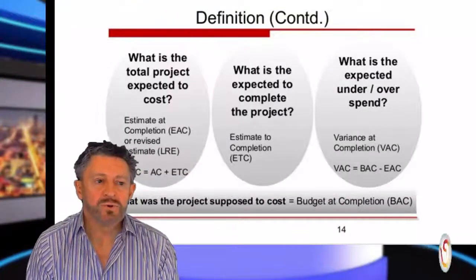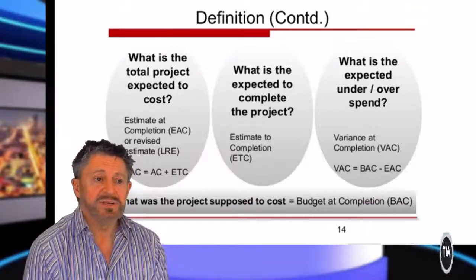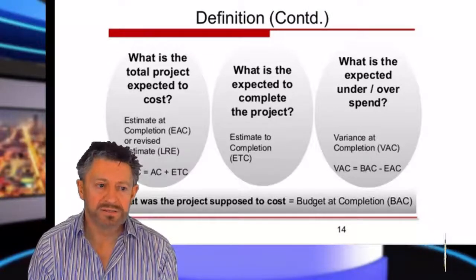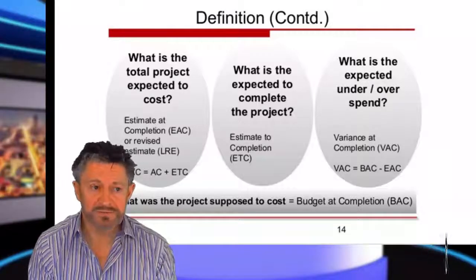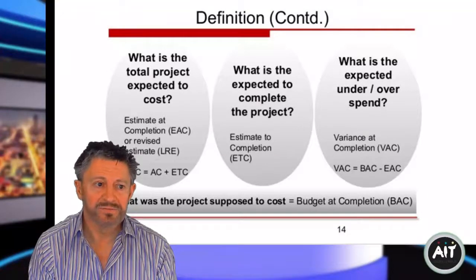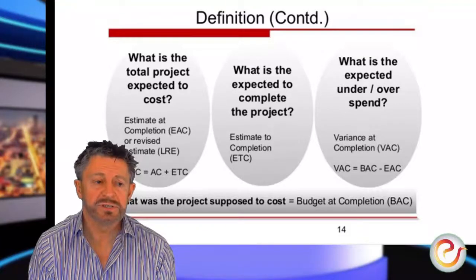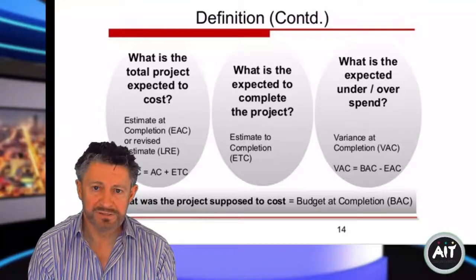So what is the total project expected to cost? So the estimate at completion, EAC, or revised estimate, latest revised estimate, LRE. So the estimated cost at completion equals the actual cost plus the estimated cost.